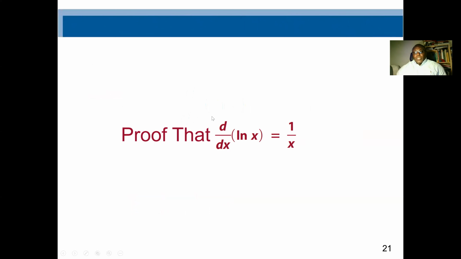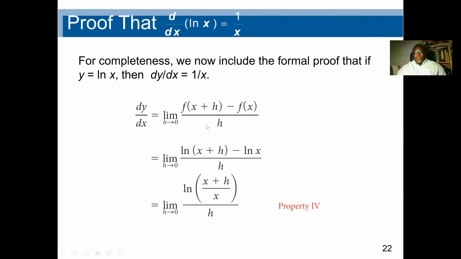We can also prove this. We know the derivative of natural log x is the same as 1 over x. Here we are using our famous formula, the limiting process, to prove it. So dy/dx is the limit as h approaches 0 of f(x plus h) minus f(x) over h.